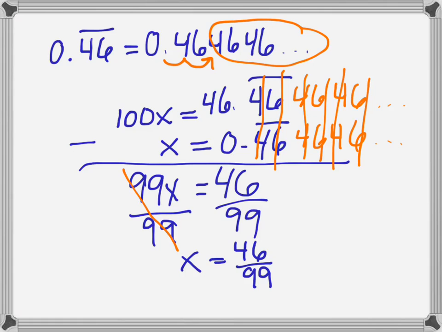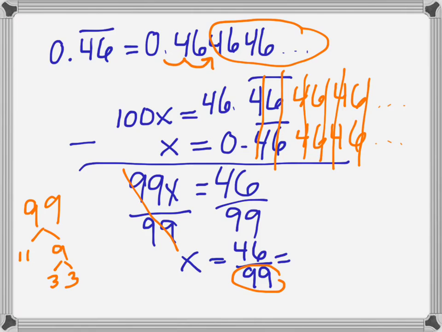Okay? So I have a fraction. I need to make sure that it's in lowest terms. All right, if you think about the denominator here, again, that's a little bit easier. Okay, your numerator will vary, but your denominator, when we go through this process, is always going to be a 9 or a 99 or a 999. And if you break that number down, okay, that's 11 times 9, and 9 is 3 times 3.